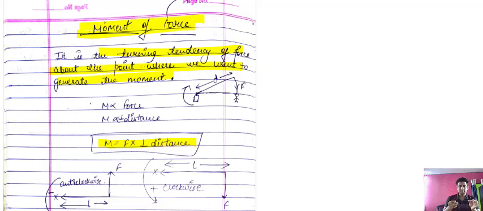So this moment depends upon the perpendicular distance from where the force is applied. This is the perpendicular distance to the force. Suppose this is the lever arm we are talking about, and we want to produce a moment at this point, suppose this point is x.